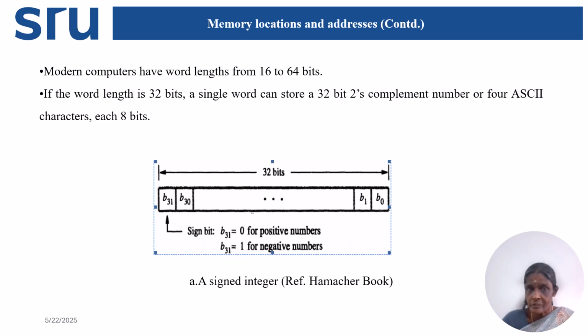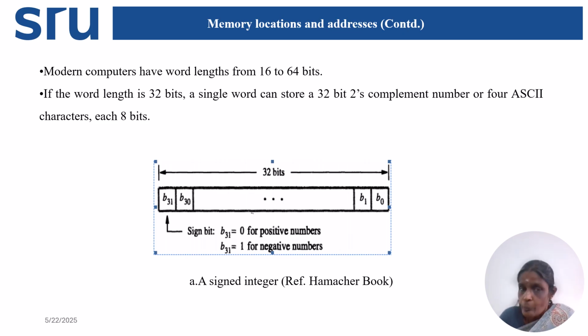If the word length is 32 bits, a single word can store a 32 bit 2's complement number or 4 ASCII characters, each of 8 bits. The word will store either a signed value or an unsigned value, and it should store the 2's complement number.